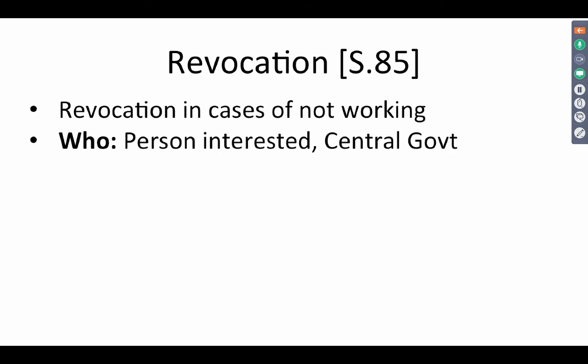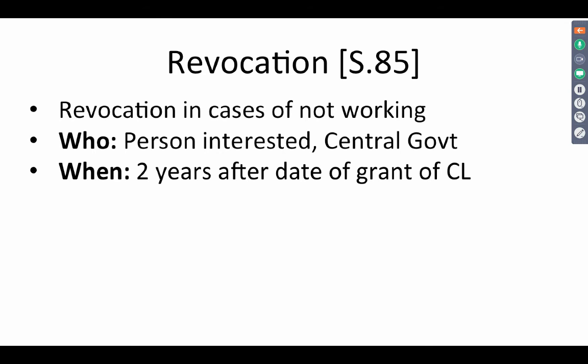The conditions are: after 2 years after the grant of the compulsory license. This can only be done 2 years after the grant of the compulsory license, which means under 84, for somebody to file an application for compulsory license, he should wait for 3 years.